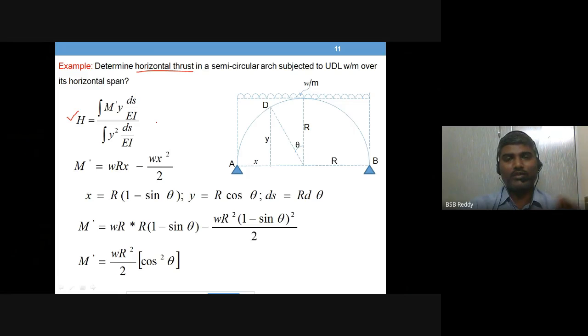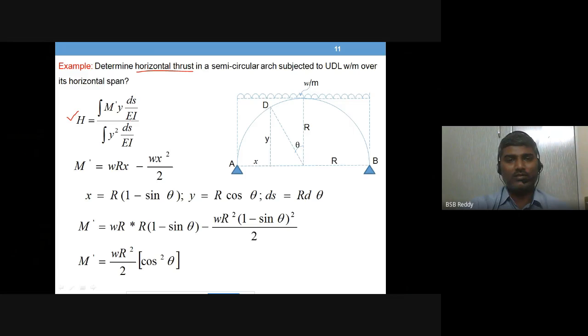Applying the compatibility condition that dou U by dou R is equal to 0, that is the theorem of least work, finally led to this equation. We have already discussed how we apply this equation to two hinged arches.